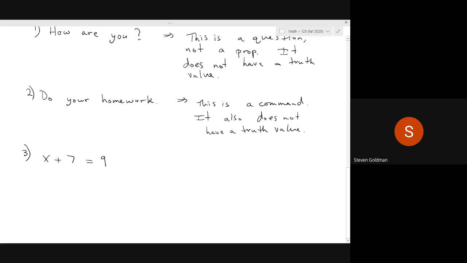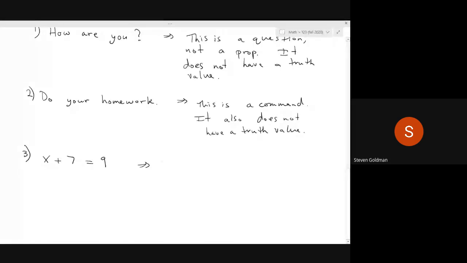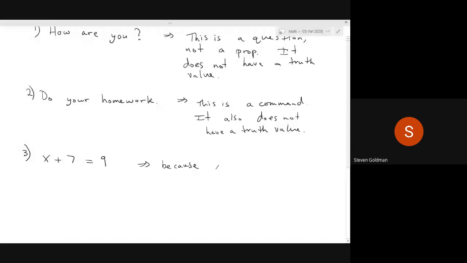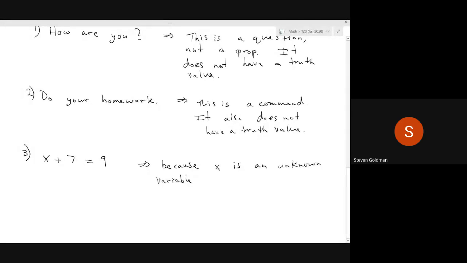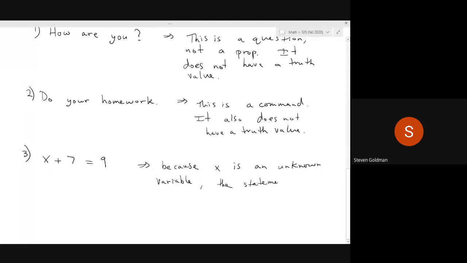Because I don't know what X is, this thing has no truth value. It's almost nonsensical. Okay. So because X is an unknown variable, the statement is not a proposition.